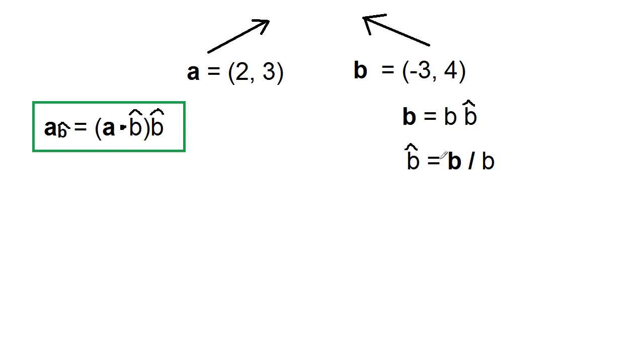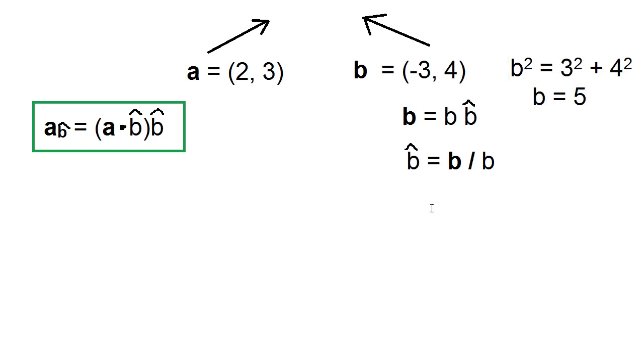And that will give you b hat automatically. Works every single time. Now, if you take a look at this, we have vector b. To find the magnitude of vector b, we can just use the Pythagorean theorem. So what we'll have here is b squared is equal to 3 squared plus 4 squared. Again, I don't need to worry about the negative signs here. And what this will give me is the magnitude of b is equal to 5.